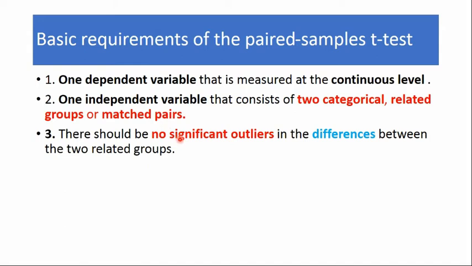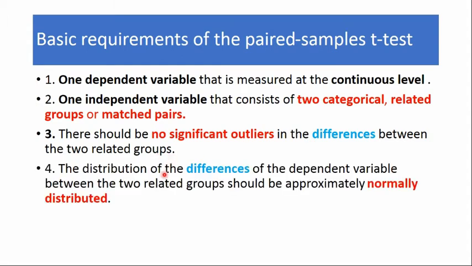There should be no significant outliers in the differences between the two related groups. The distribution of the differences of the dependent variable between the two related groups should be approximately normally distributed. Friends, we have to check the normality, but in this case we check the normality of differences.